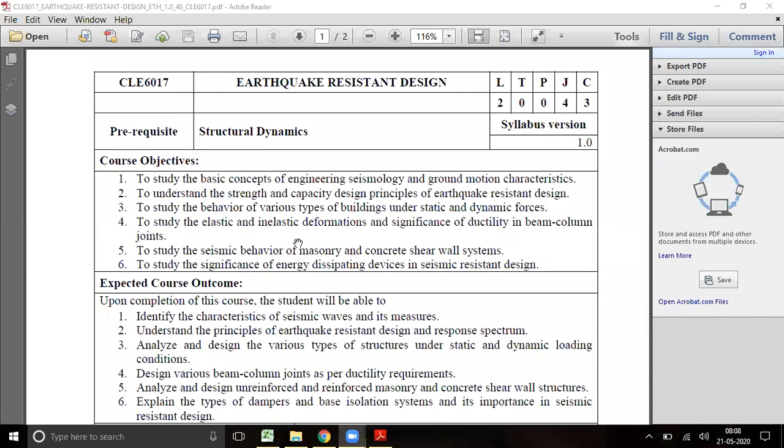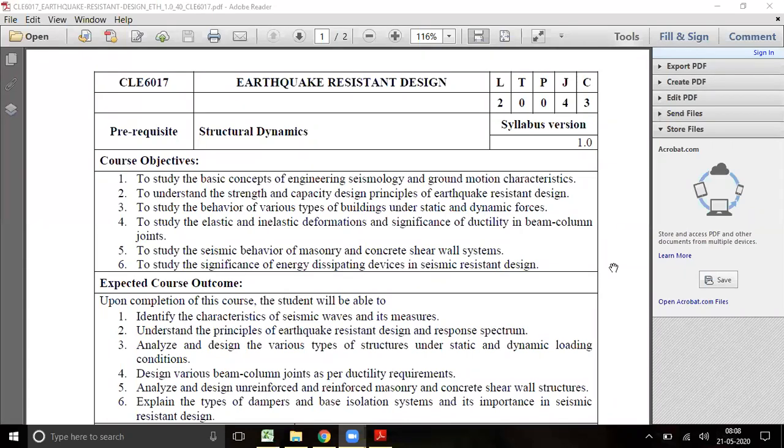And the fourth one is to study the elastic and inelastic deformations and the significance of ductility in the beam column joint. So we know very well that in any type of member, any type of building, the joint is a primary thing, right?